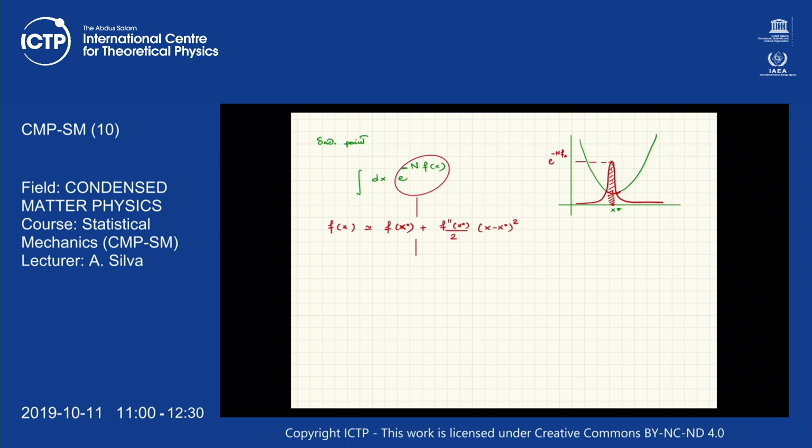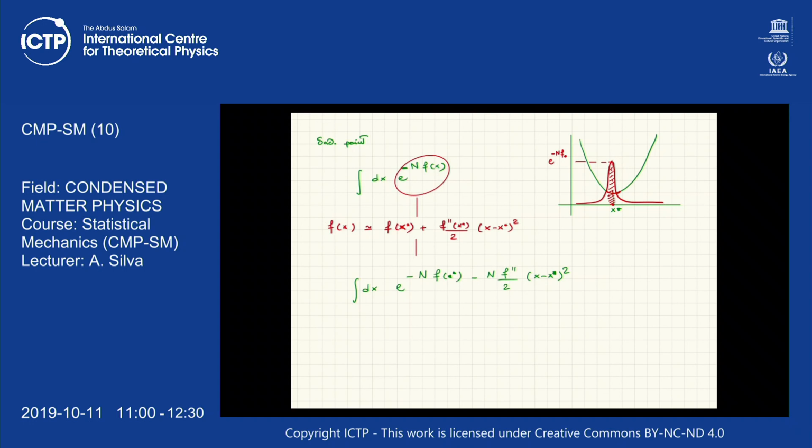And what do you get? You get that this is equal to the integral dx of e to the minus n f of x star minus n f double prime over 2 (x minus x star) squared.